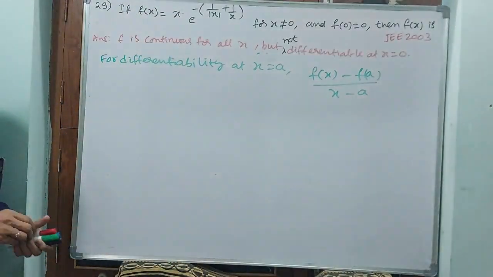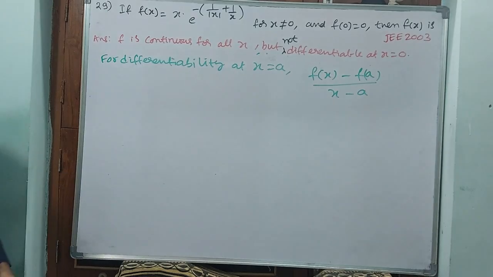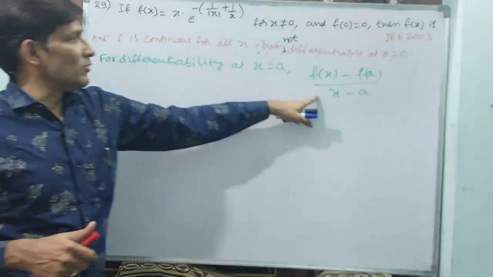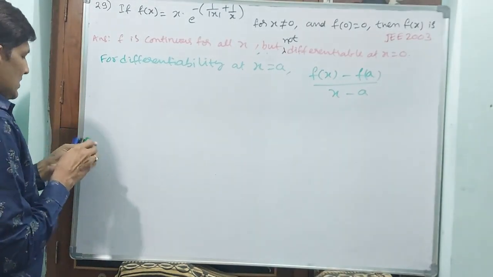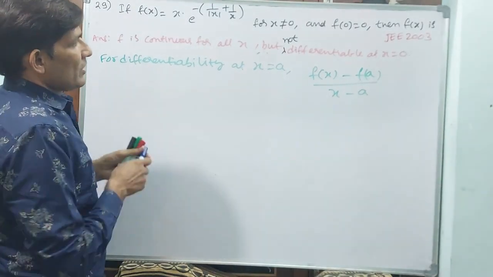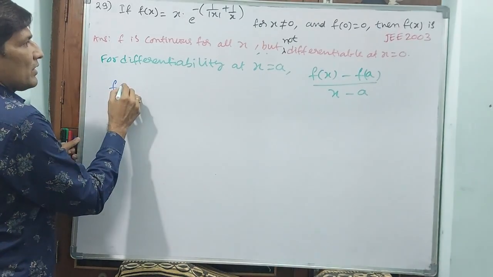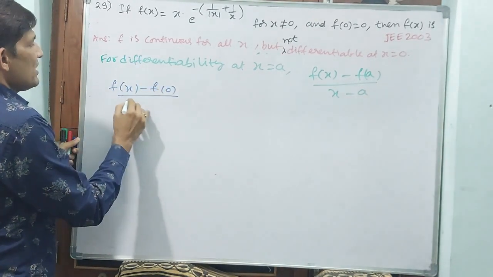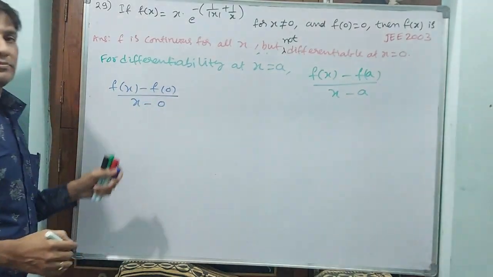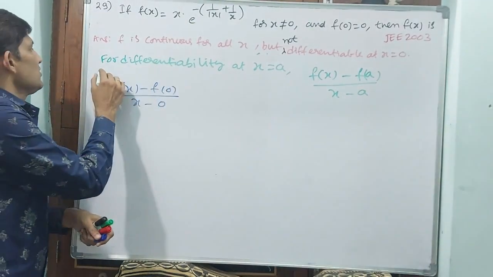Okay? This is the formula for differentiability at x is equal to a. But at x is equal to 0, what will come here? This is going to come: f of x minus f of 0 by x minus 0. Why? Because x is equal to 0.